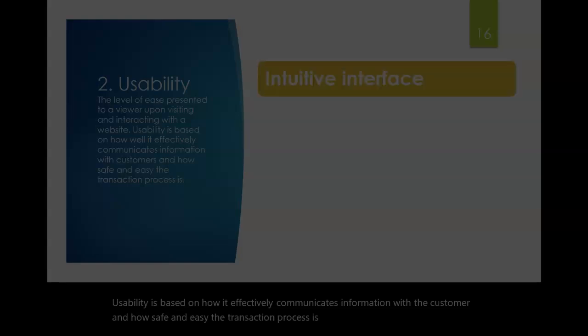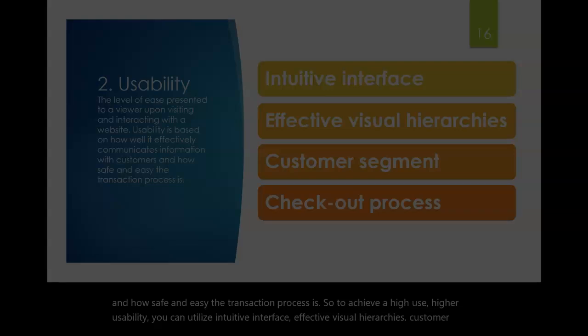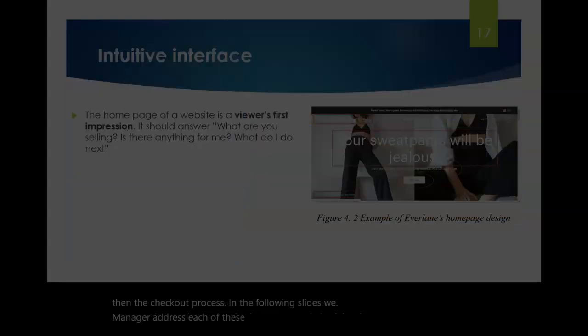So to achieve a higher usability, you can utilize intuitive interface, effective visual hierarchies, customer segmentation, and then the checkout process. In the following slides, we are going to address each of these strategies. First, intuitive interface.